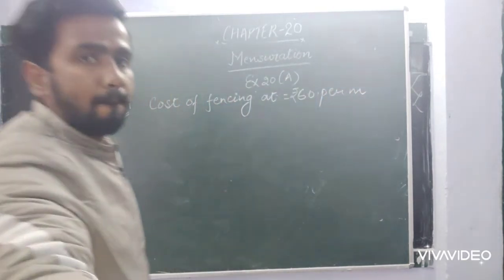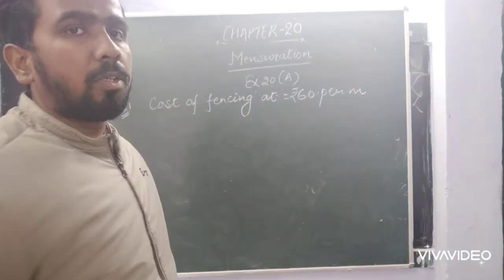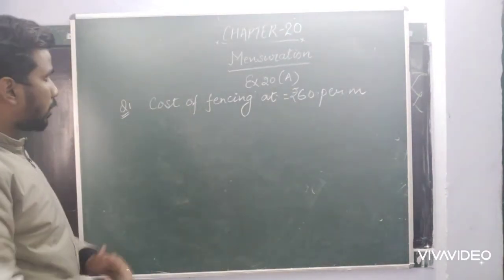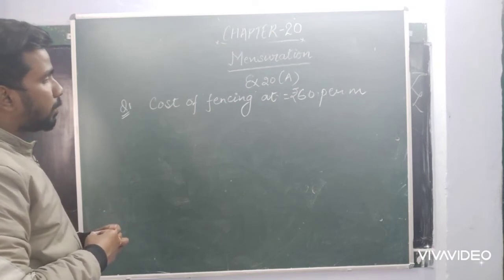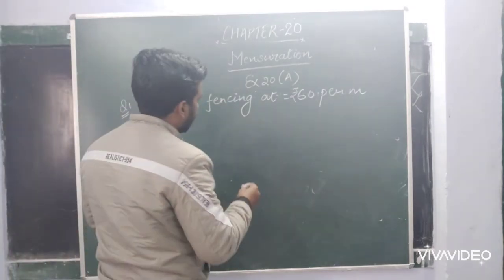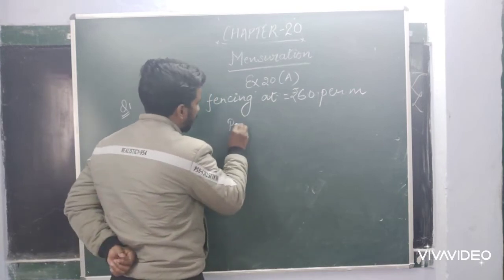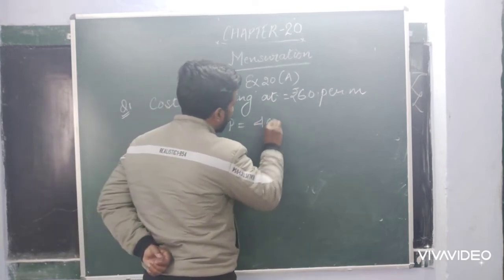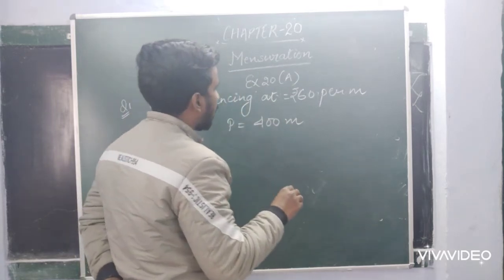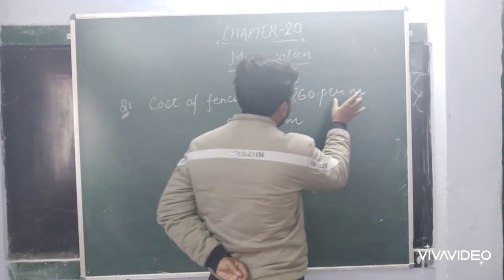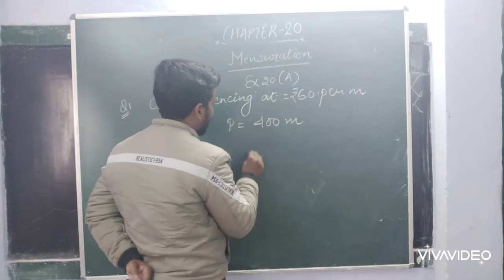So the perimeter was 400 meters, that is the total length of the boundary, and the rate for 1 meter is rupees 60.